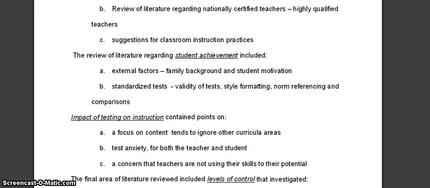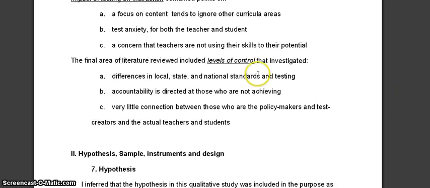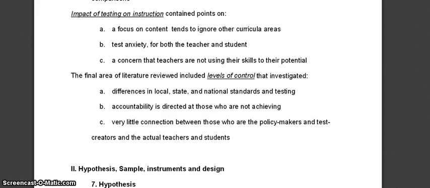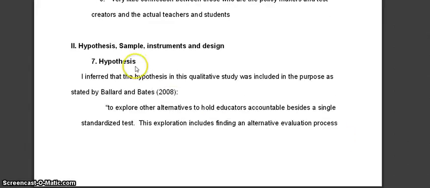And this person just listed all of the different areas of articles, you know, levels of control, impact of testing on instruction. And all I want from you is, were they using books? Were they using journal articles, websites, what have you? You will have a hypothesis if this is quantitative. If it's qualitative, you will not.